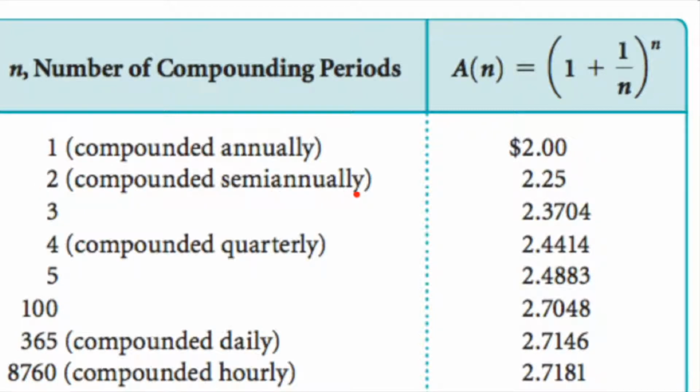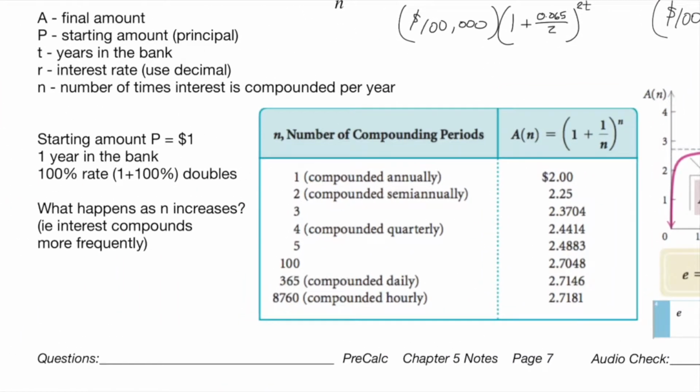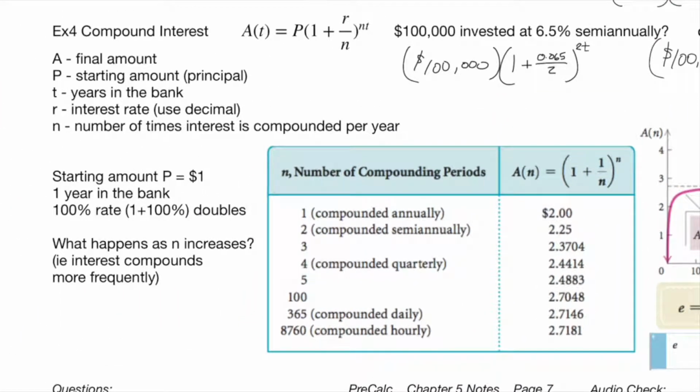If you do it semi-annually, you'll actually get more money. That's because you have more payments. If you did it 4 times a year, it would look like this. You could see that these n values are increasing here. We're going from 1 to 2 to 3 to 4 to 5.